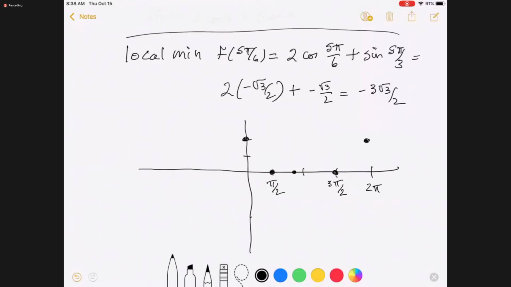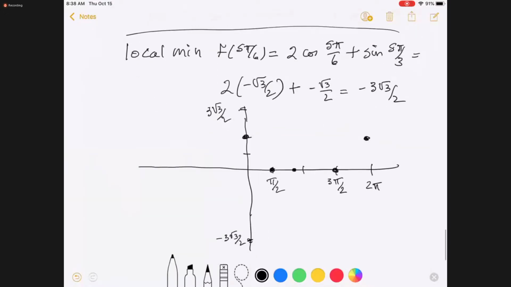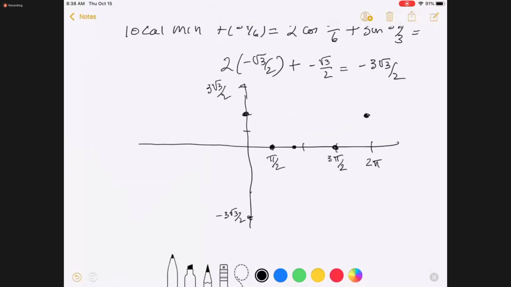It's less than 3, or minus 3. Doesn't quite get there. So I'm going to call that minus 3 times the square root of 3 over 2, and I'm going to call this plus 3 times the square root of 3 over 2.